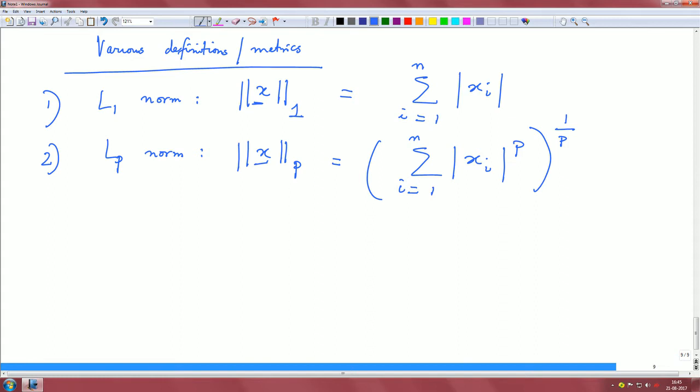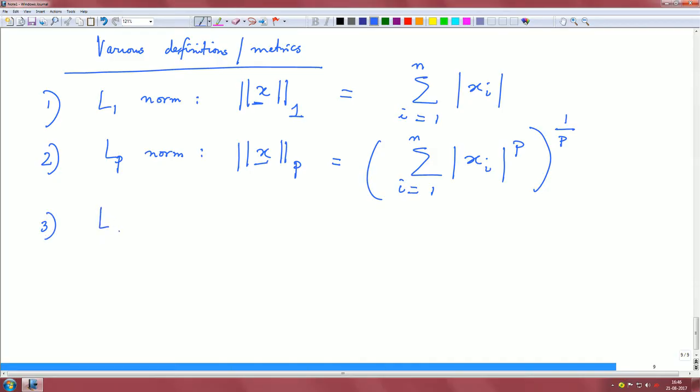You would have seen this in the context of L2, where you define the square root of x square plus y square. You would have seen this quantity in some way or the other. Trivially for the L2 norm p equals 2. So, in general we can define an LP norm, which is what we have.